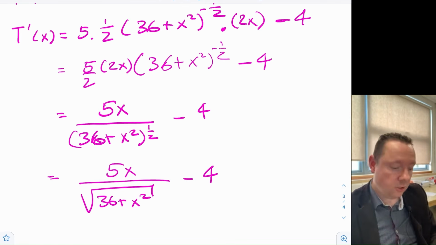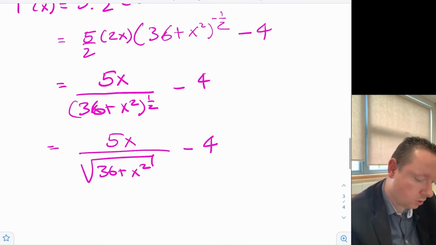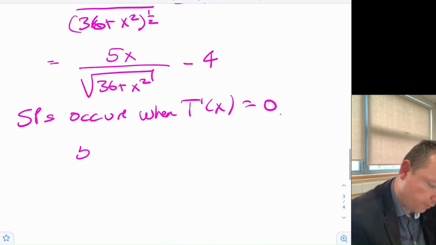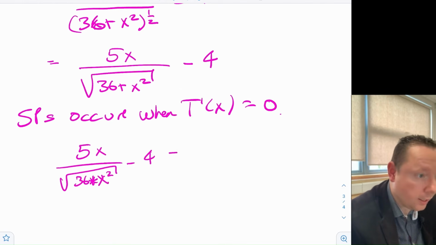Now we need to look at our stationary points because we're trying to minimise the time taken, so it's an optimisation question. So just remember, stationary points occur when T dash x equals 0. So we've got our equation 5x over the square root of 36 plus x squared minus 4 equals 0.